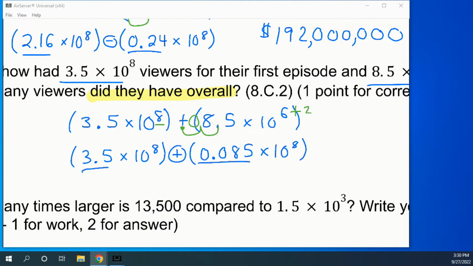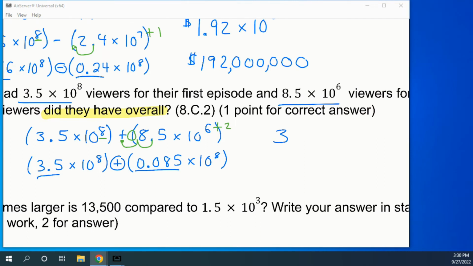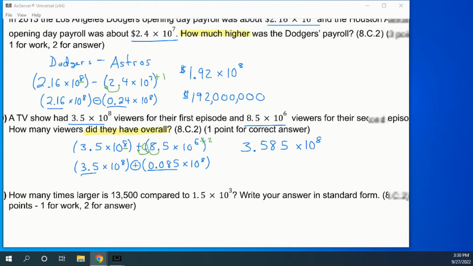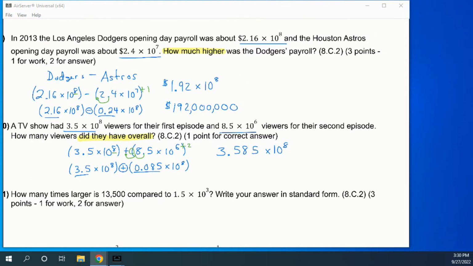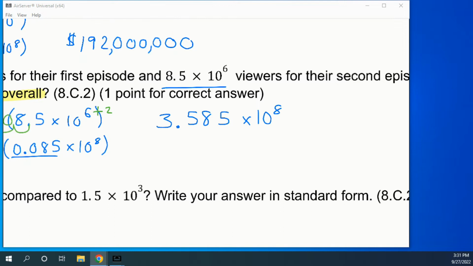Add your first two terms, and this is going to be 3.5 plus 0.085, and I got 3.585 times 10 to the 8th. How many viewers did they have overall? It does not tell me what to write this in, so I'm going to do it both ways here.